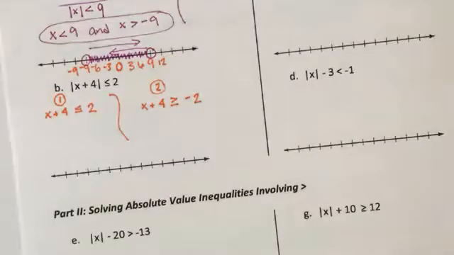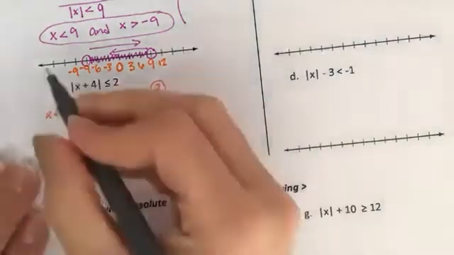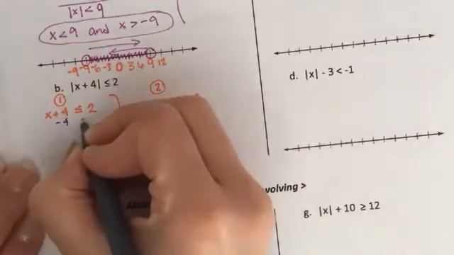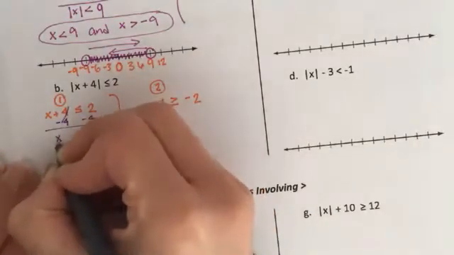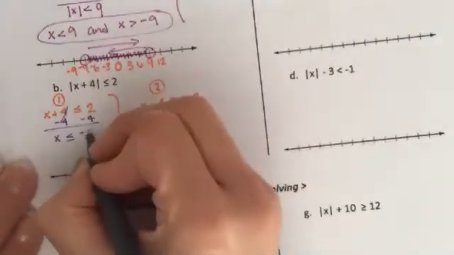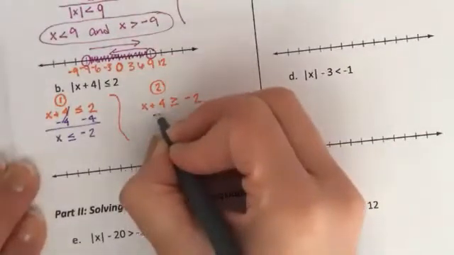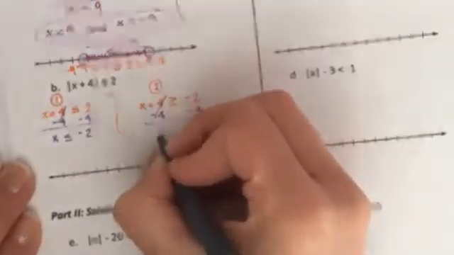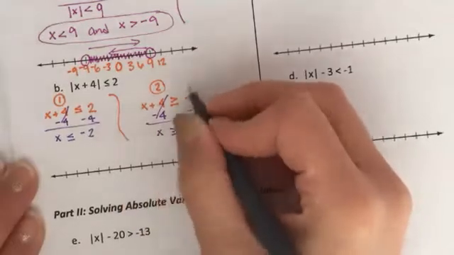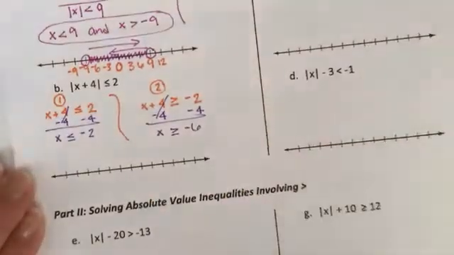Okay? And then we're going to solve for the variables. So in this case, I subtract 4 from both sides. And this gives me a -2. And in this case, I subtract 4 from both sides. And I get a -6.